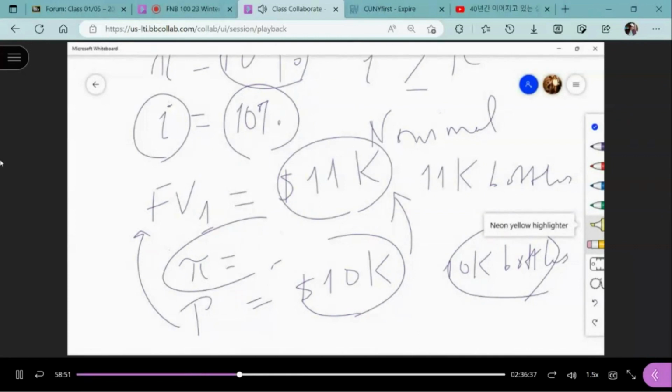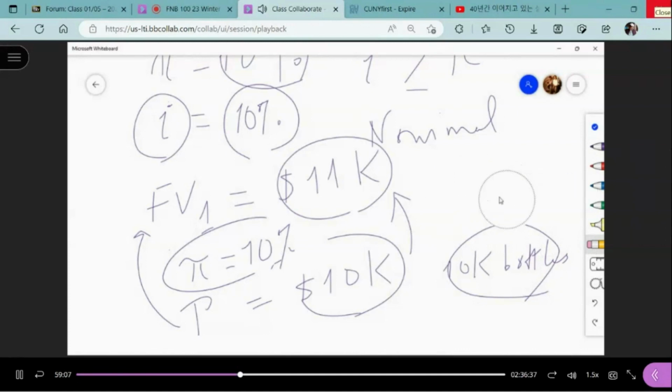Now, what if there has been 10% inflation during this period? One year ago, with 10K, you could buy 10,000 bottles of Coke. Inflation means, on average, the price level went up by 10%.